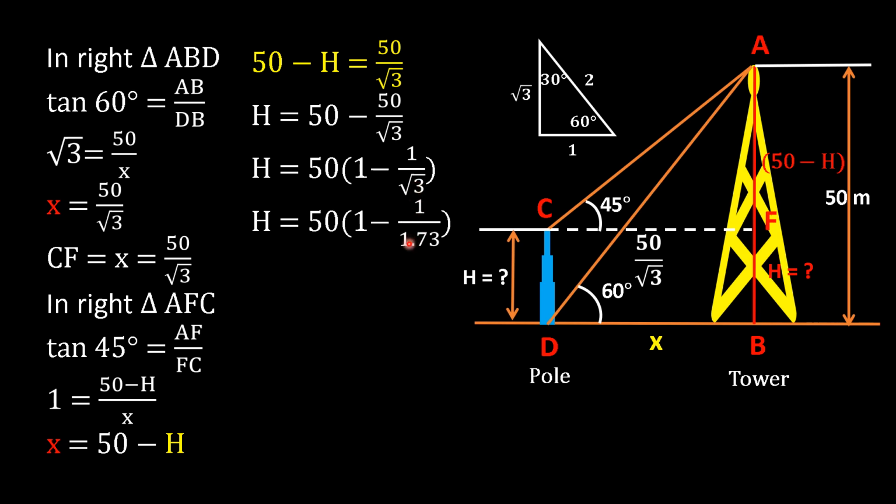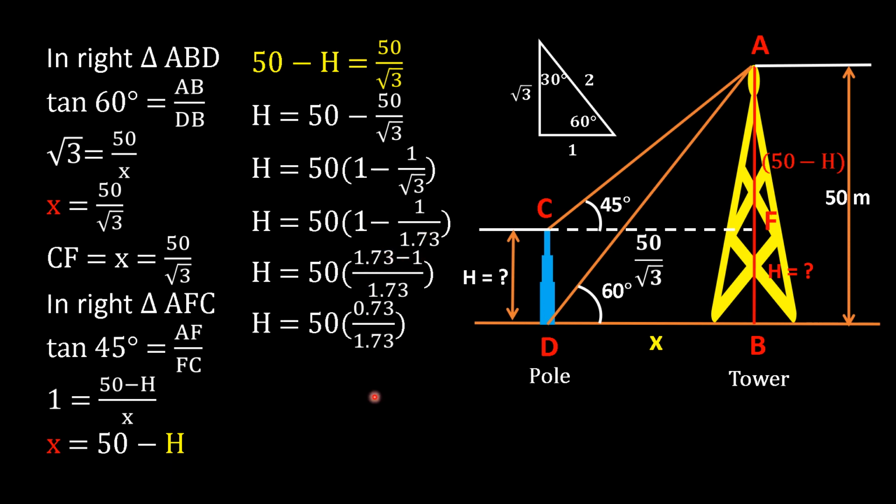Root 3 is 1.73. It will be 1.73 minus 1, which will be 0.73. 50 multiplied by 0.73 will be 36.6 divided by 1.73 will be 20.10 meter. So the height of the pole H will be 20.10 meter.